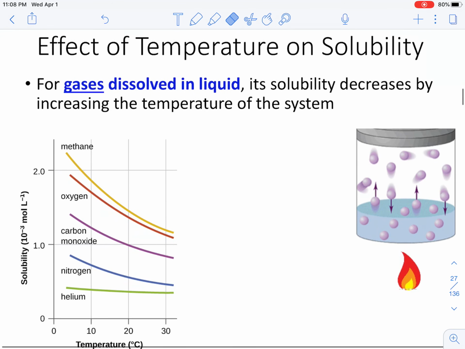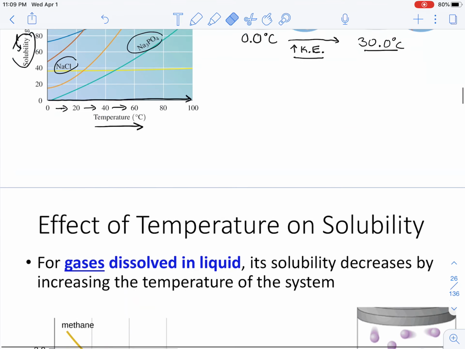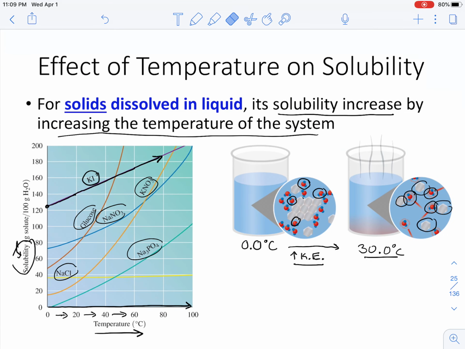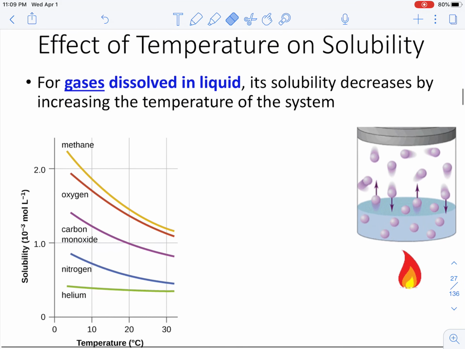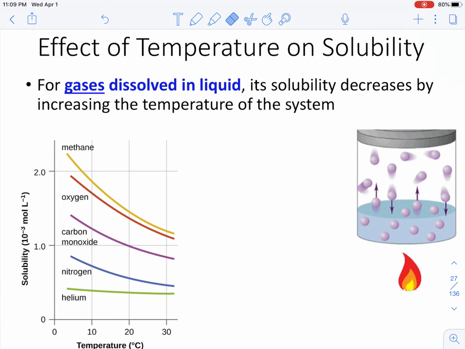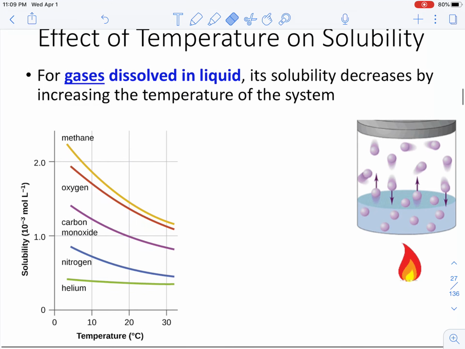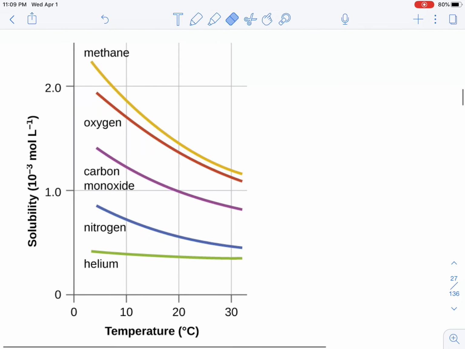And so let's go ahead and talk about temperature once again. However, instead of ionic solids, like what we discussed in this slide, we're going to discuss how temperature affects the solubility of gases. And once again, we're going to look at this chart.